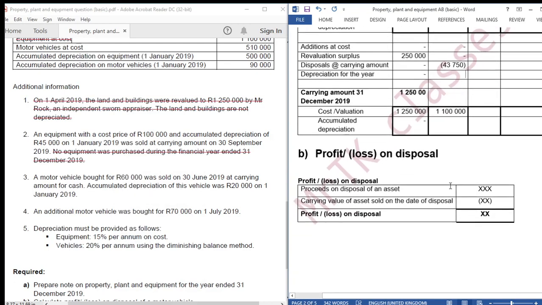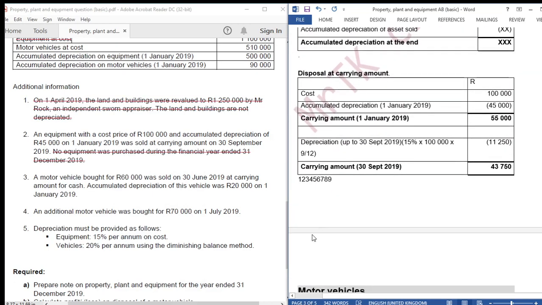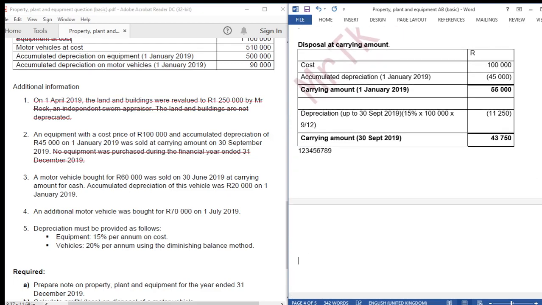Let's calculate depreciation for the year. We are going to say depreciation, right? We are going to start with disposal. We have calculated this already.